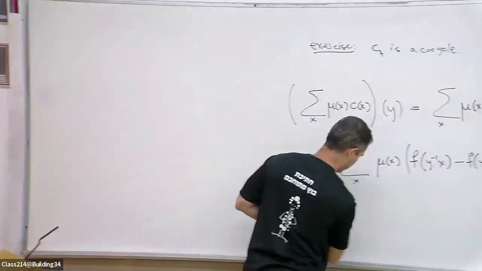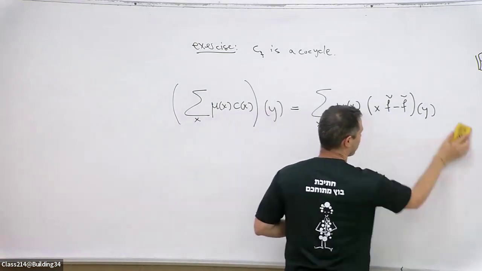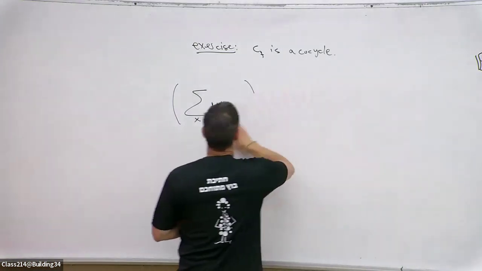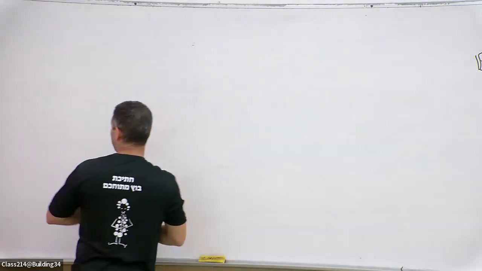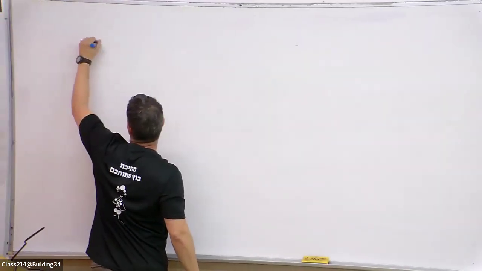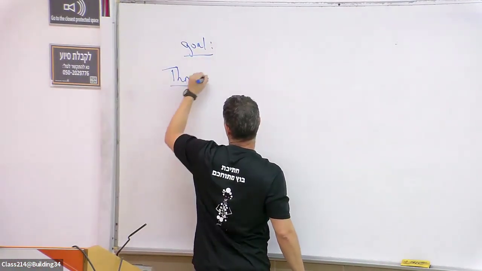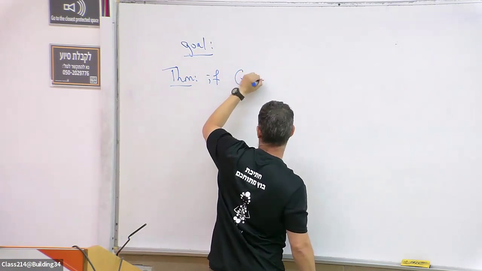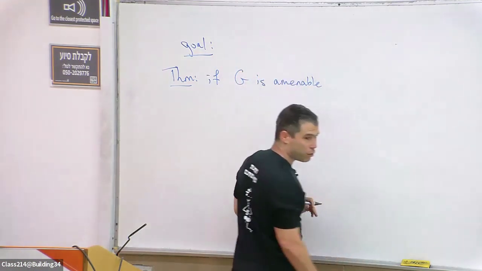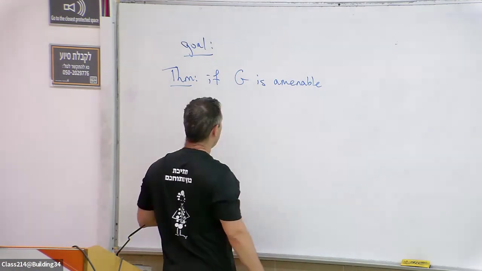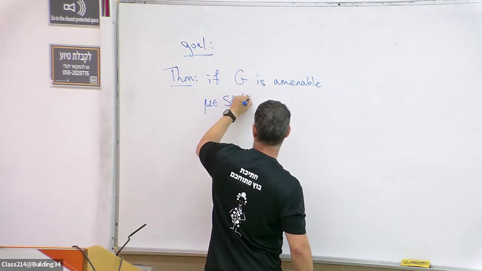The theorem we proved was the most abstract: if you have a G action and almost harmonic cocycles. So the goal of this is to prove the following theorem that I stated: if G is a finitely generated amenable group, and mu is SAG.